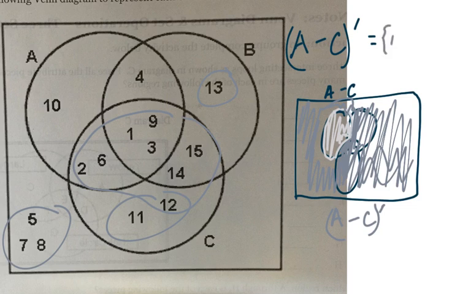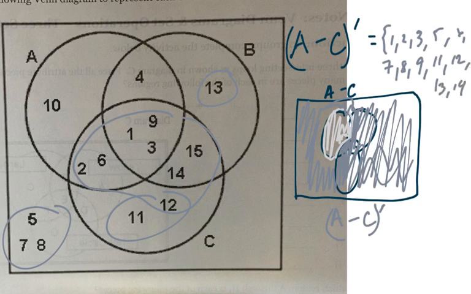That includes 1, 2, 3, 5, 6, 7, 8, 9, 11, 12, 13, 14, and 15. Okay, so it helps to do these in pieces and show each step. Okay, so that's the complement of A minus C.